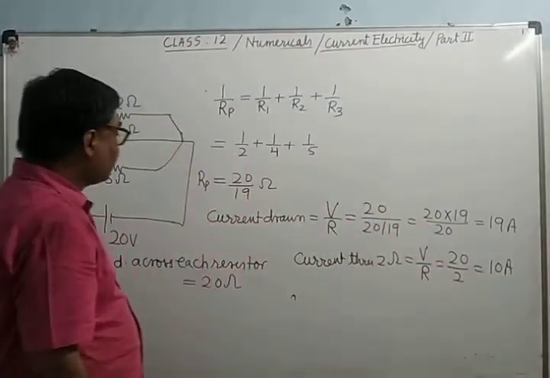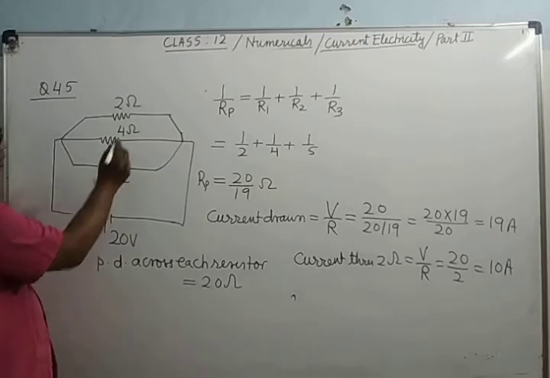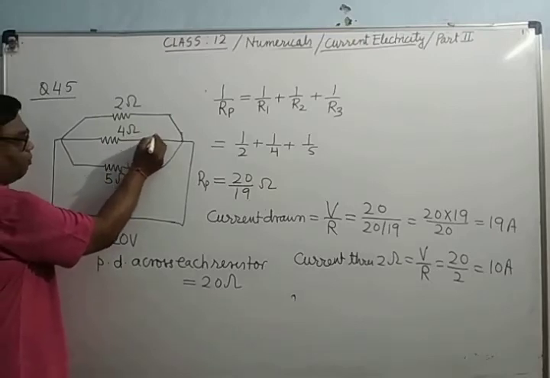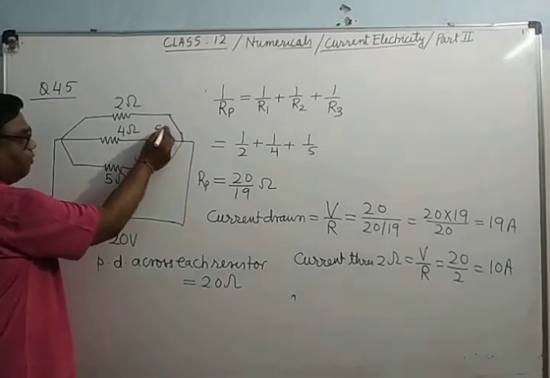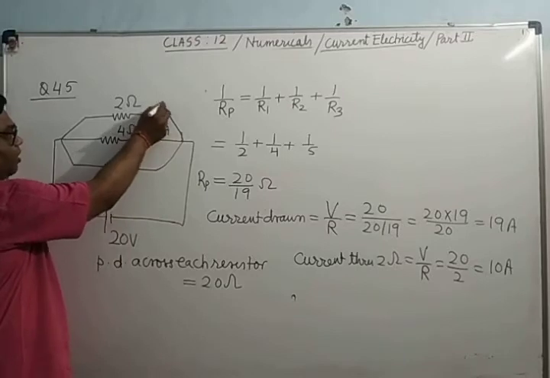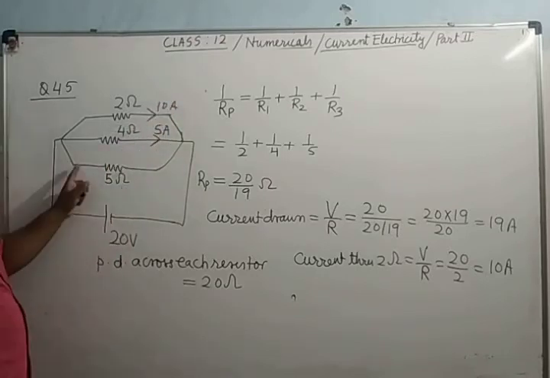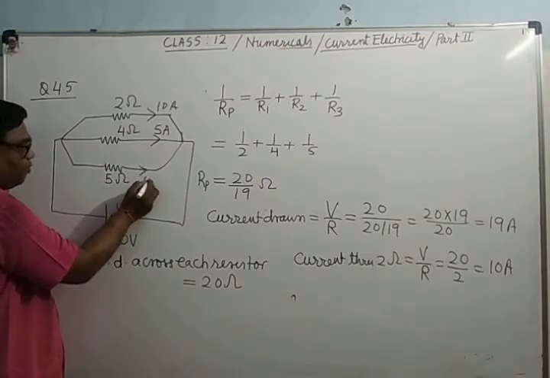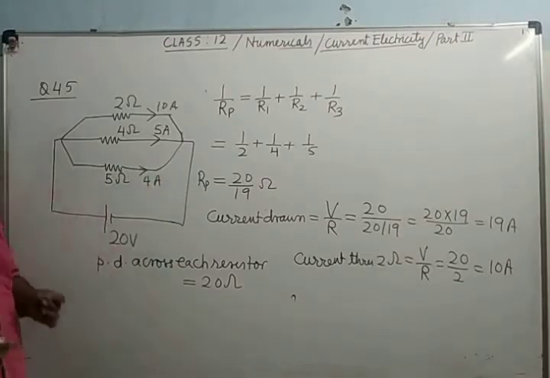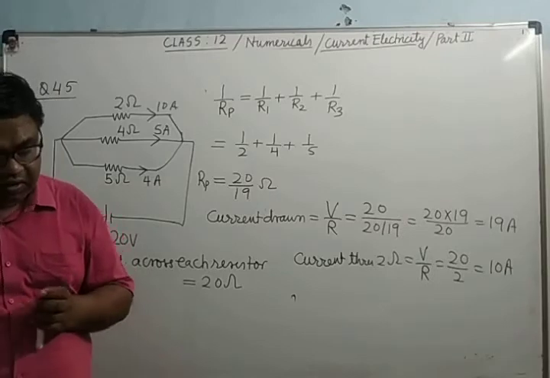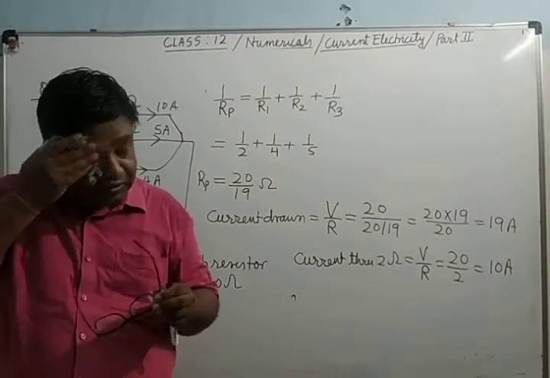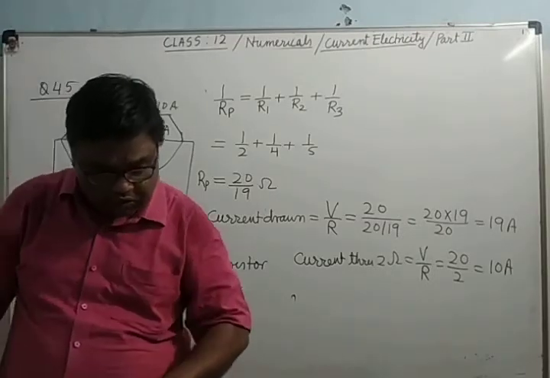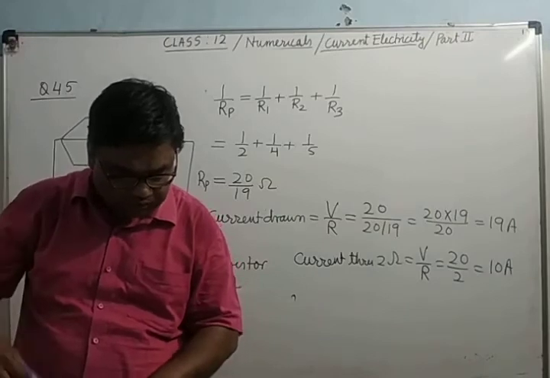In the same way, current here 20 upon 4, so it will be 5 ampere. Here it was 10 ampere. What will be here? Potential difference is 20 volts, so 20 upon 5, that is 4 ampere. So this way you can determine the current. These questions are very simple. Now you can see question number 46.